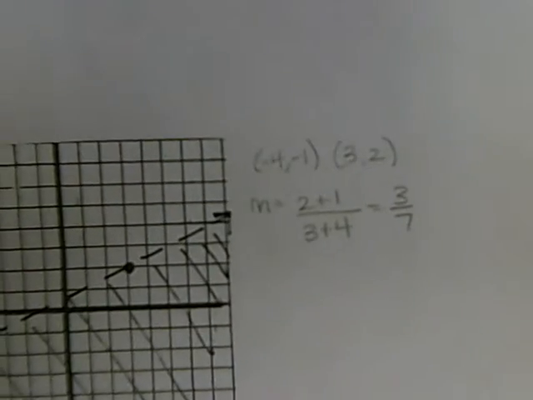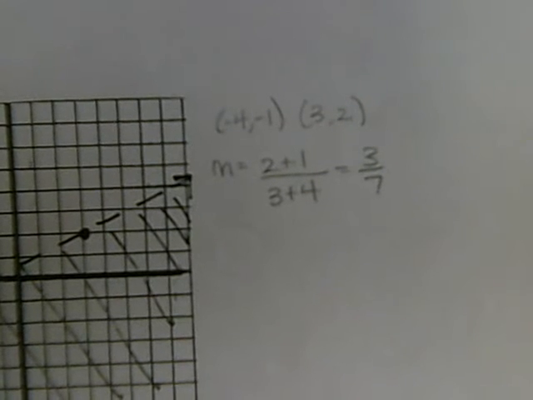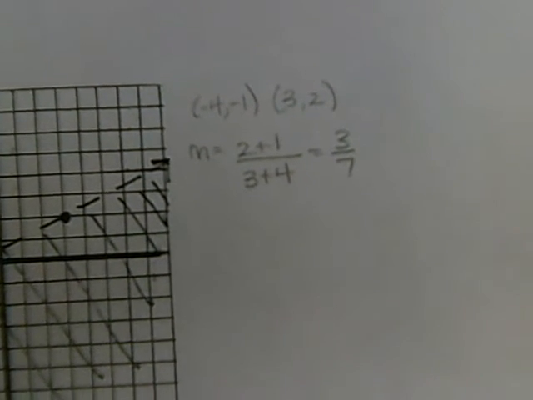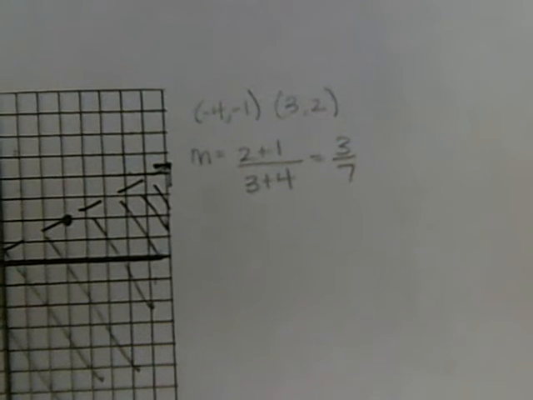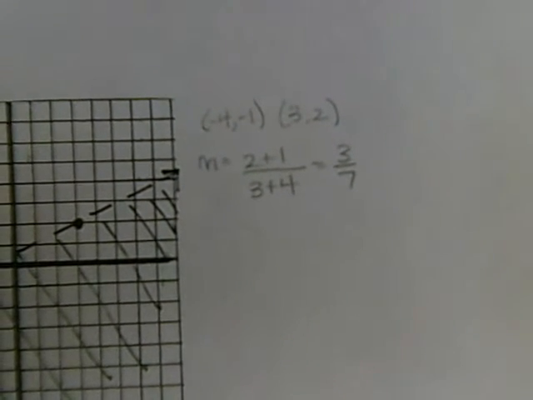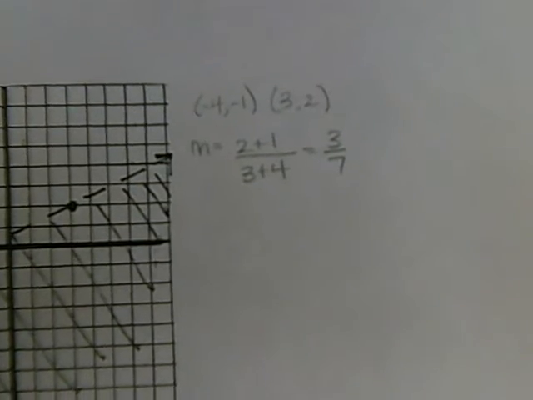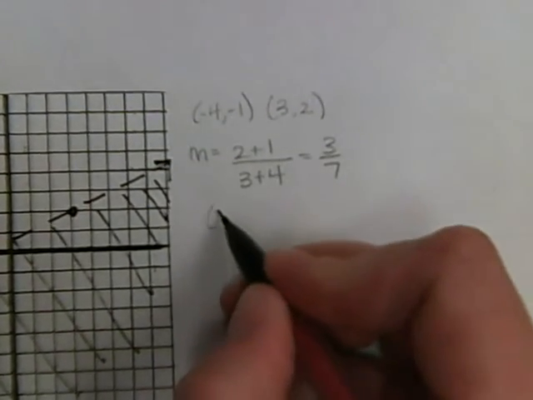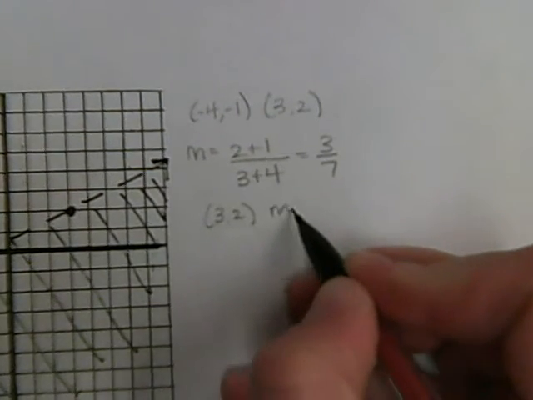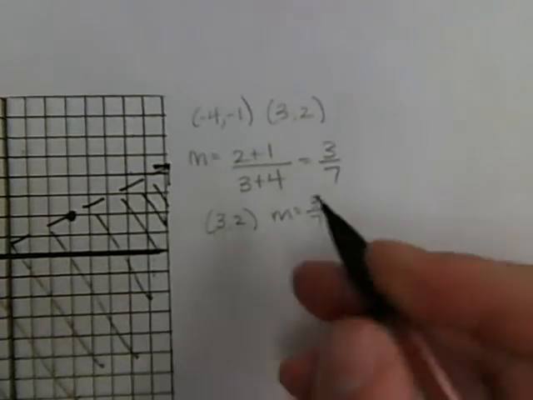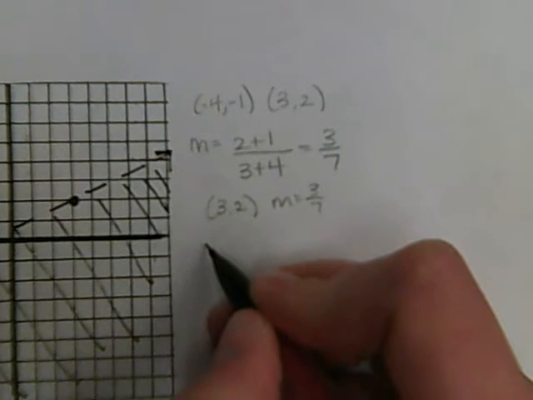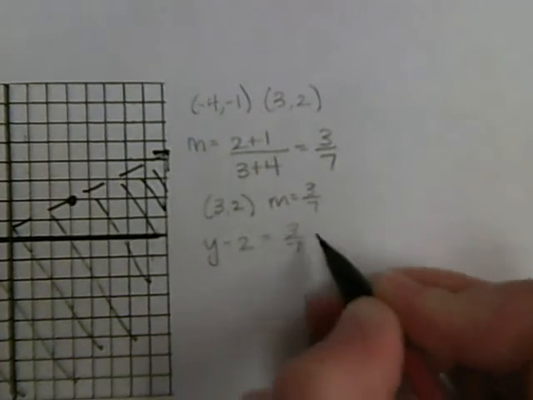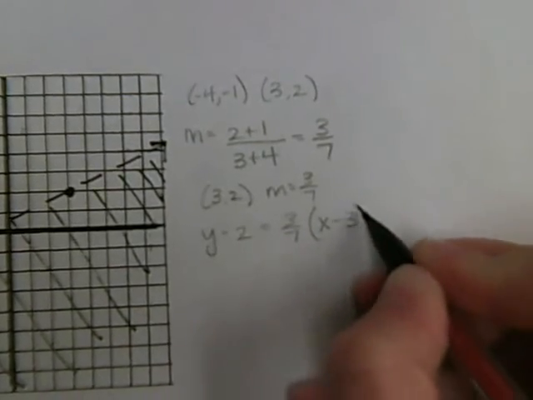Now at this point, remember, you have the choice. You can pick whichever point you want, and you can use either point slope form or y equals mx plus b. I think second hour, you guys are a lot of y equals mx plus b'ers. Fifth hour, you're more point slope form. It doesn't matter. You'll get the same answer. I'm going to use 3, 2, and then that slope of 3/7. And I'm going to go ahead and use point slope form. So y minus 2 equals 3/7 times x minus 3.